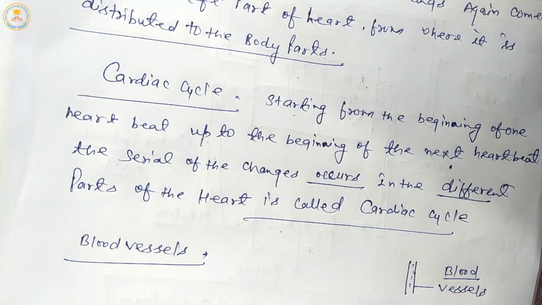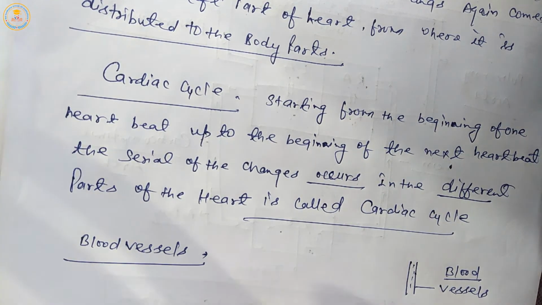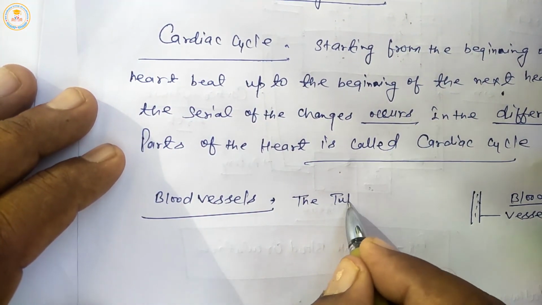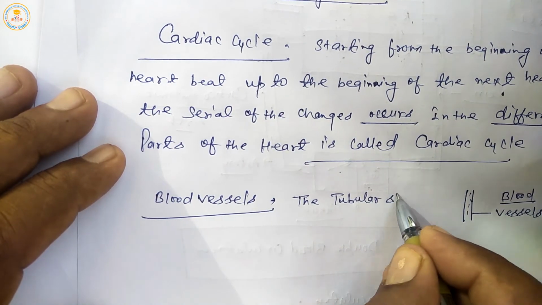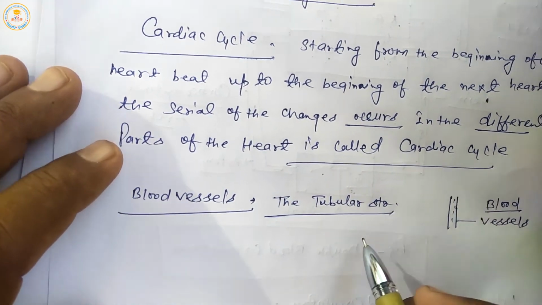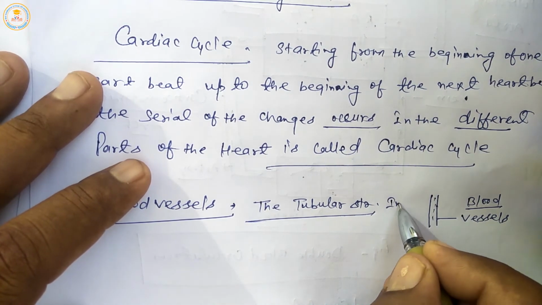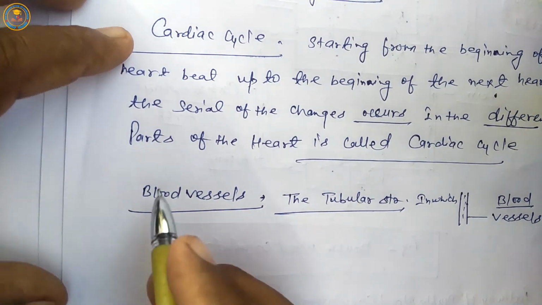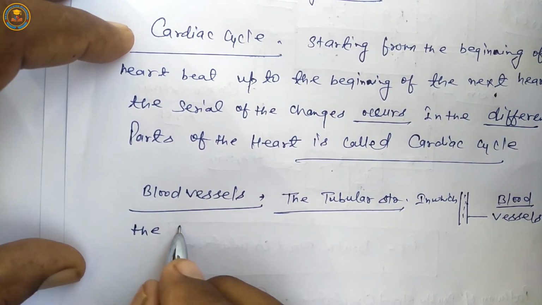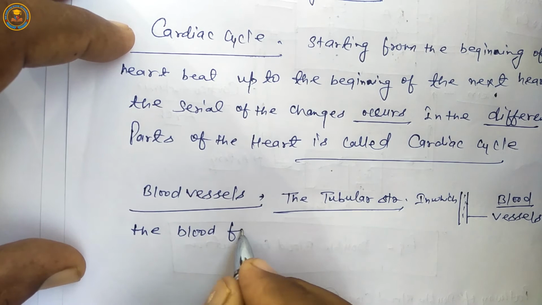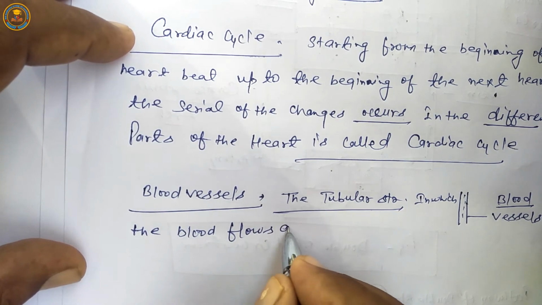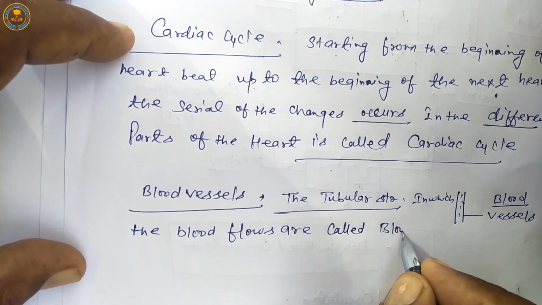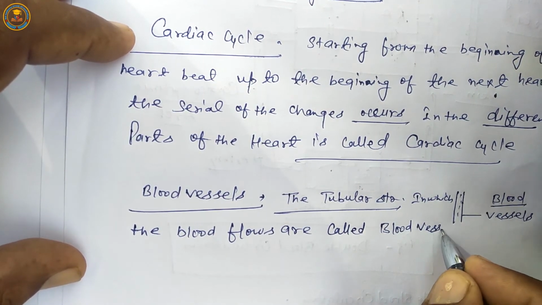First of all, a blood vessel is a tubular structure, meaning a tube-like structure in which the blood flows.